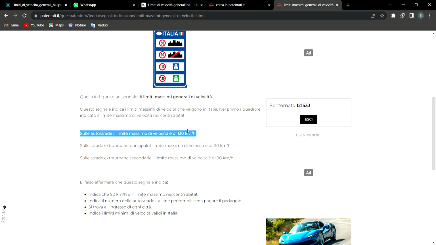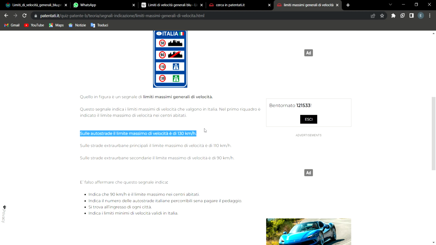Autostrada in English is simply known as the highway. So here in Italian, whenever you are driving on this road, you must not drive a speed that exceeds 130 kilometers. The maximum speed you are permitted to drive on this road is 130 kilometers.